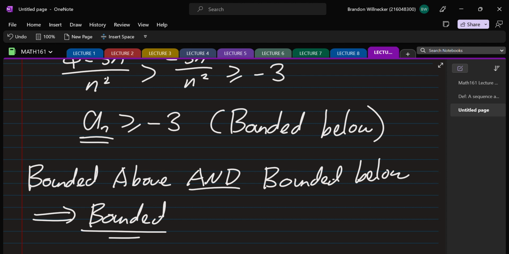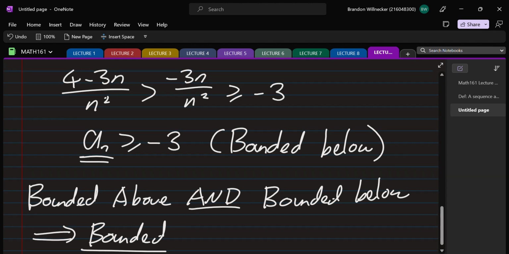If it just says show that it's bounded, you need to show that it's bounded above and bounded below, because we need both of those parts. If the question says just show that it's bounded above, then you only show the one part. Depending on what's asked, you may have to do one of these steps or both of them. Again, if it's bounded, you need to show bounded above and bounded below. All right, any questions on this?